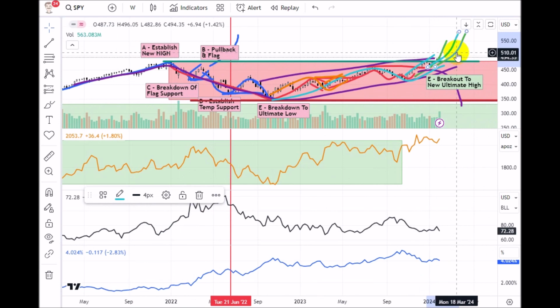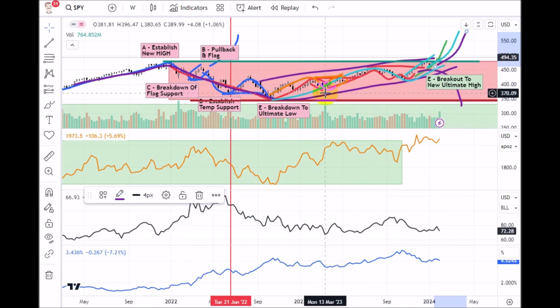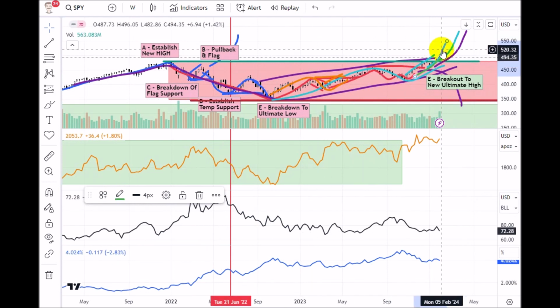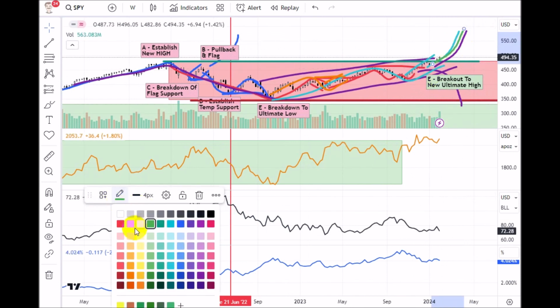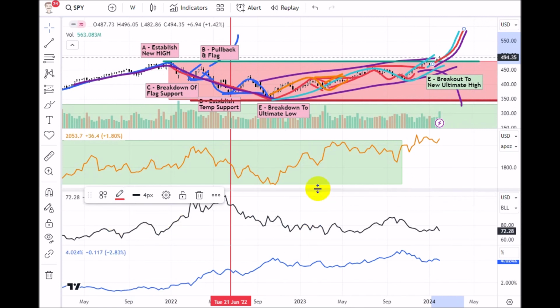We have the purple. We have the purple, blue, that's the red, which actually moves up to here. You have a triple confirmation with the excess phase peak pattern or speculative phase peak pattern that we are now moving into a bullish high, a bullish rally to a new ultimate high.